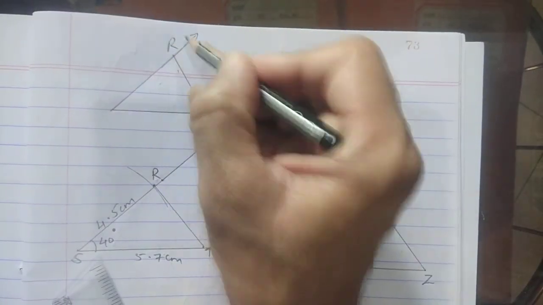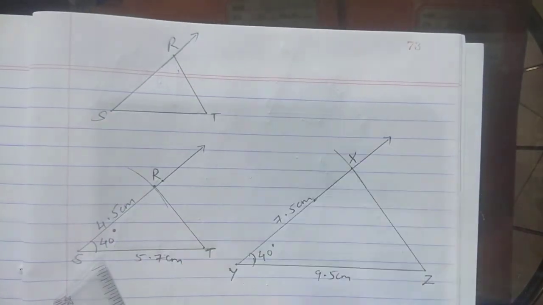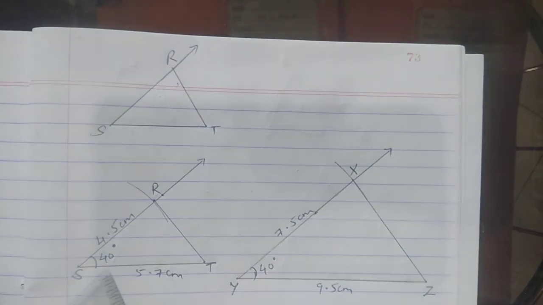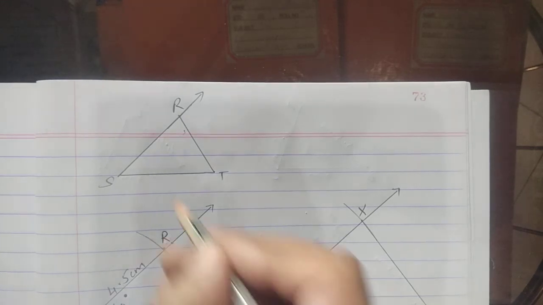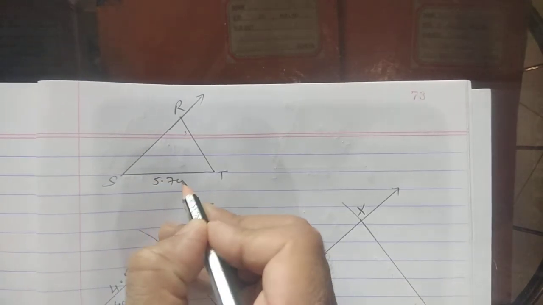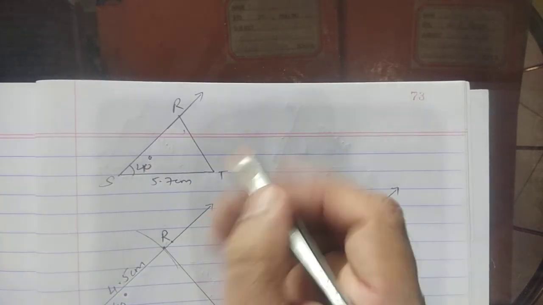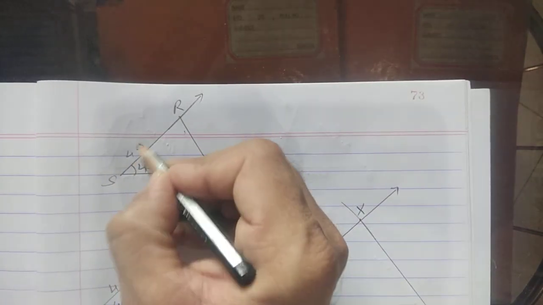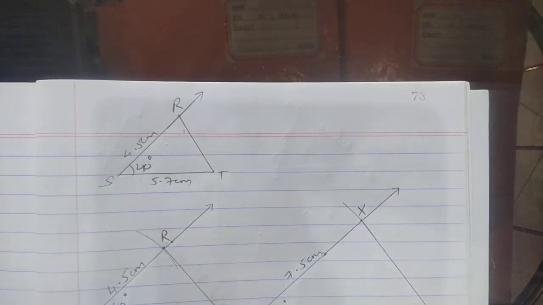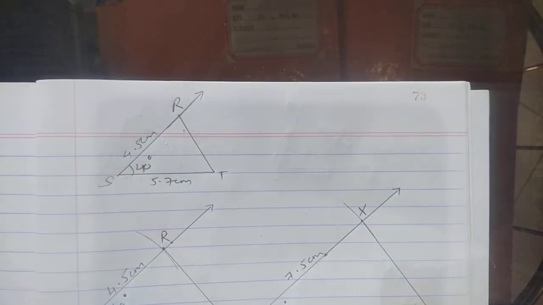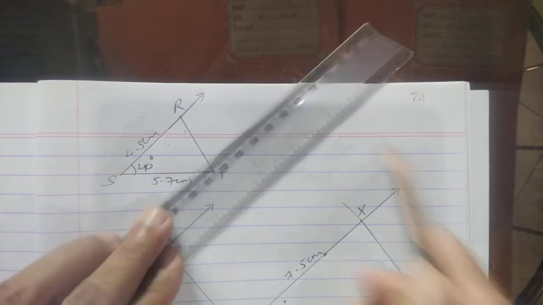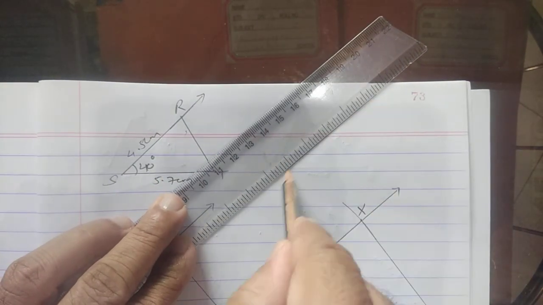So this is triangle RST, right? Write the lengths of this triangle. Okay, so RT is 5.7 centimeter, angle S is 40 degree, and SR is 4.5 centimeter. Same way, the next triangle is XYZ. So draw triangle XYZ, bigger in length.